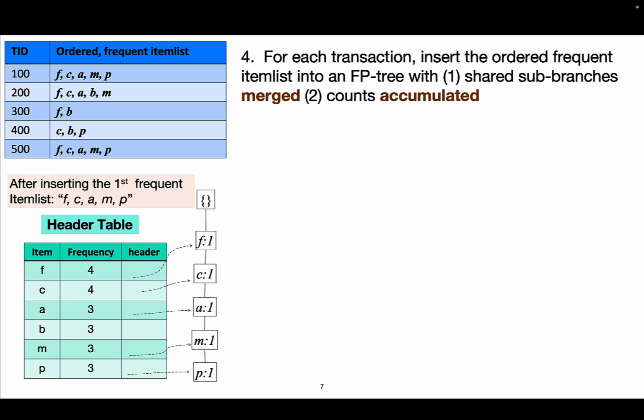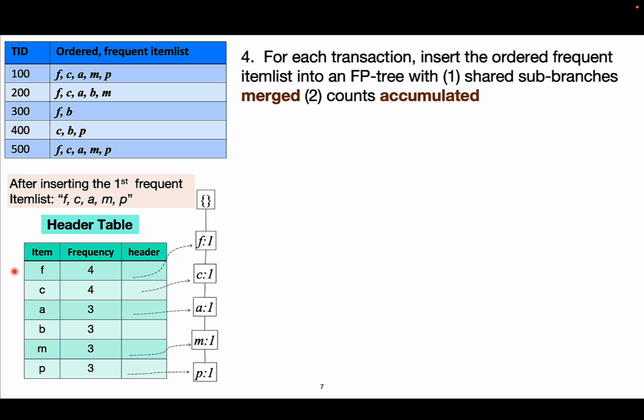For the following steps, the algorithm will incrementally build a data structure called FP tree by inserting item sets in a way that allows a traversal and identifying frequent sets. As you can see, the header table consists of items and their frequencies.